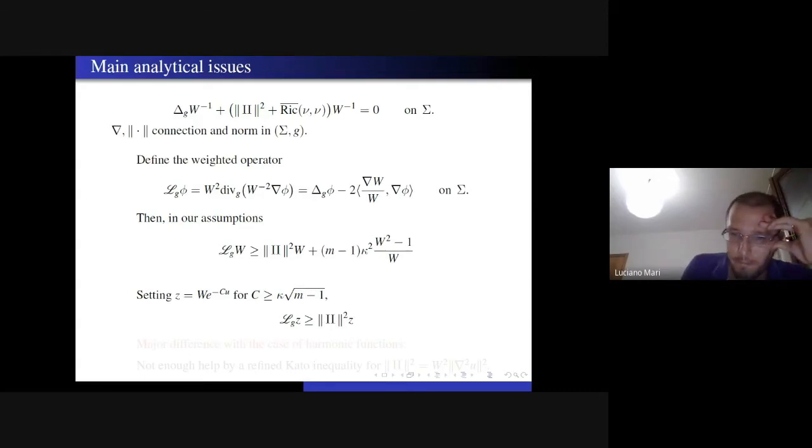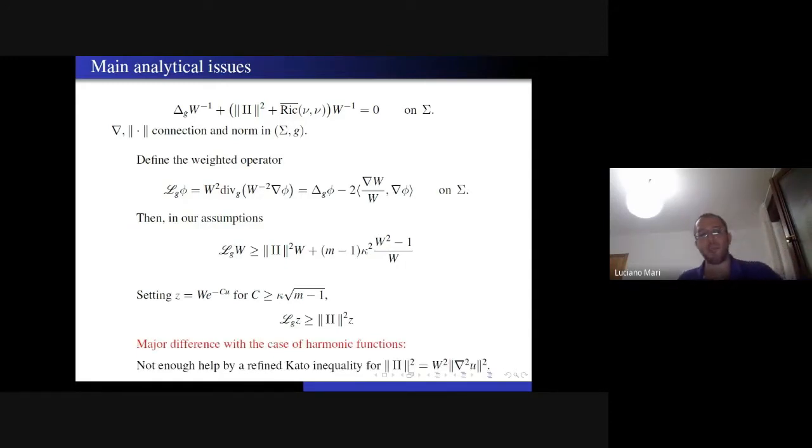Starting from the last one, okay, this term m-1 k square w square minus 1 over w. And what's the major difference with the case of harmonic functions? In this case, we don't have enough help by a refined Kato inequality for the second fundamental form, because in the case of harmonic functions the second fundamental form can be rewritten as the Hessian of u, and u is a harmonic function.